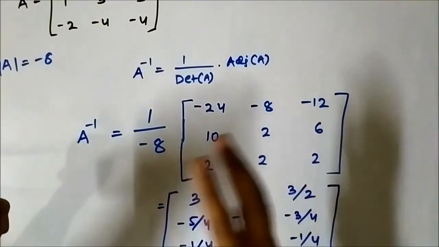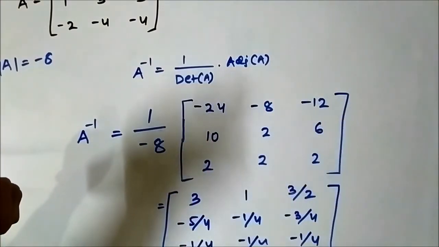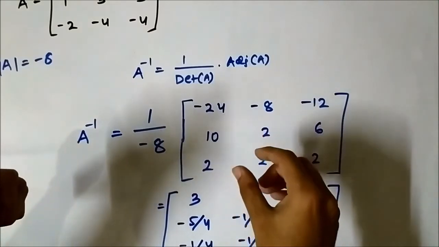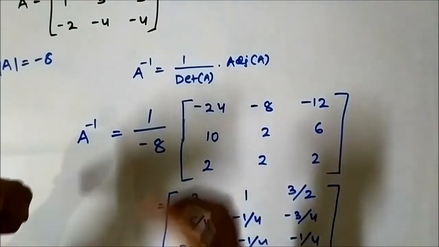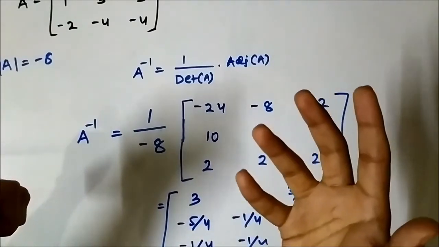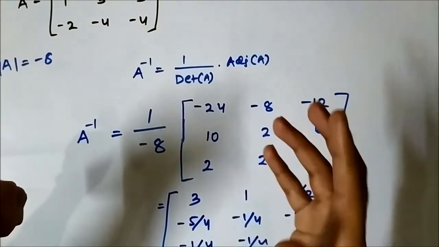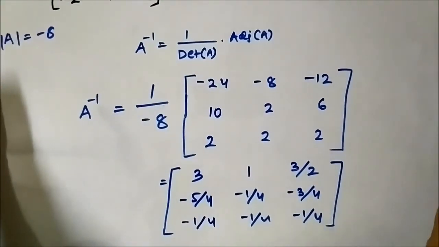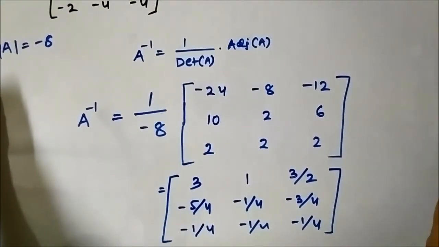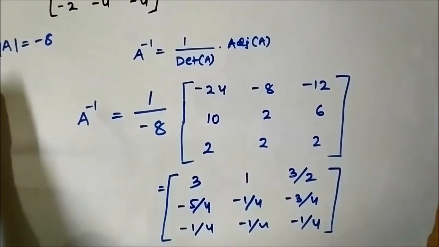So I hope you watch those videos, and I would recommend you to watch them and then come to this video. This is how the inverse of a 3x3 matrix is calculated.